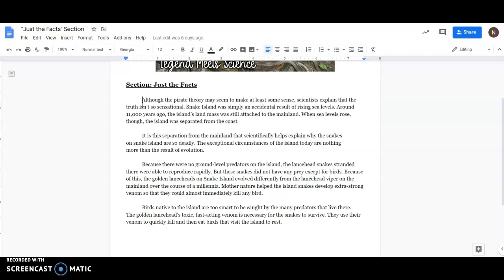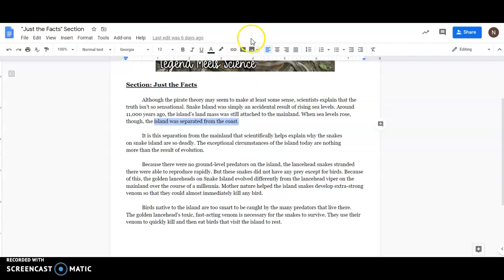Around 11,000 years ago, the island's land mass was still attached to the mainland. When sea levels rose, though, the island was separated from the coast. Okay, so it sounds like this specific paragraph is telling us how Snake Island formed about 11,000 years ago. It talks about the accidental result of rising sea levels and how the mainland was separated.